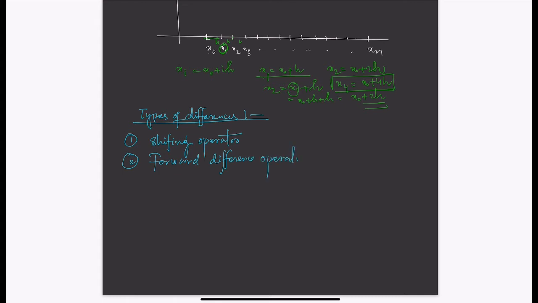Forward difference operator. And the third one is backward difference operator. Okay, forward difference operator, backward difference operator. And the fourth one is central difference operator.